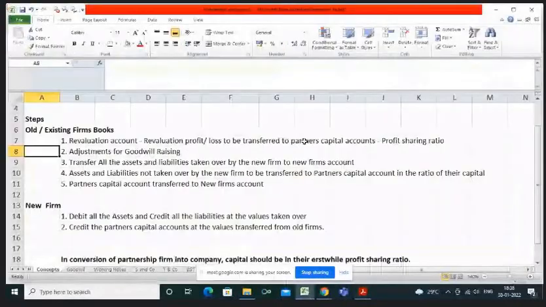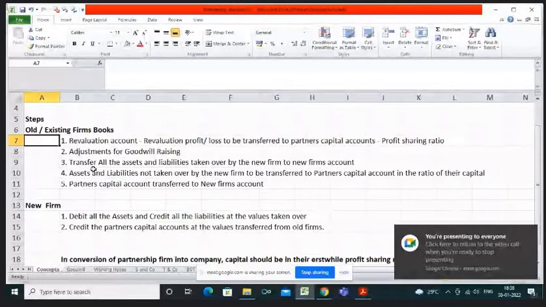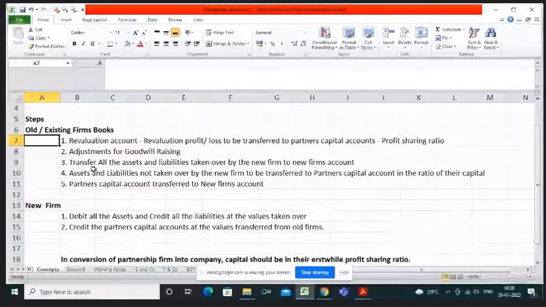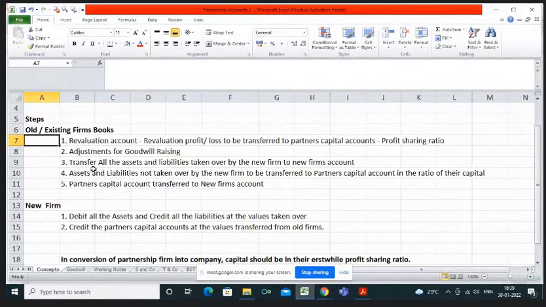For example, if the partnership firm purchased a building for 20 lakhs, say 10 years ago, the current value will not be the same 20 lakhs. It would have increased, maybe to 1 crore. On a day-to-day basis, we don't do the revaluation. But whenever there is a special occasion like admission of a partner, retirement of a partner, or amalgamation of partnership firms, we should prepare a revaluation account.